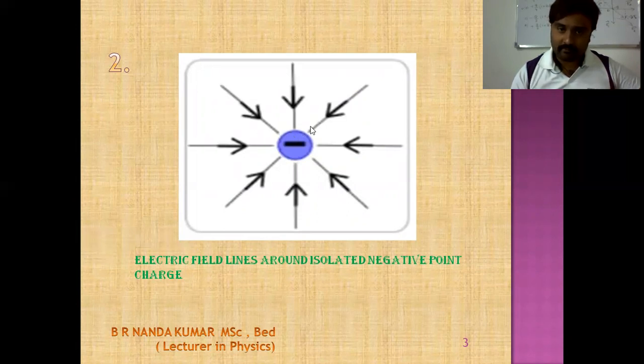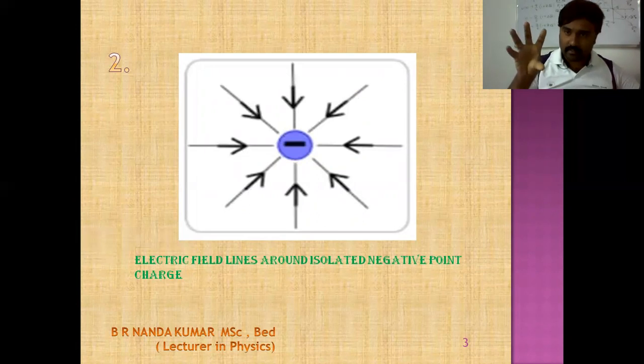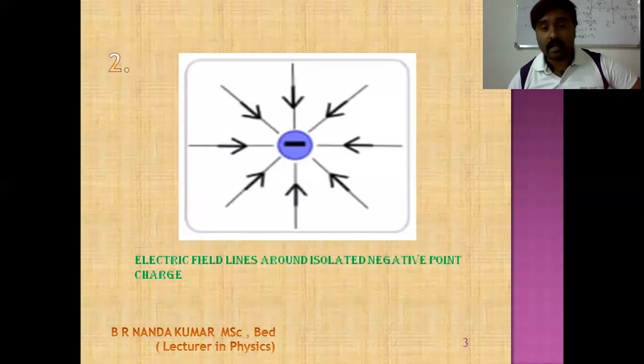That means electric field lines are directed like this, towards the isolated negative point charge. That means radially converging electric field lines are produced around an isolated negative point charge.